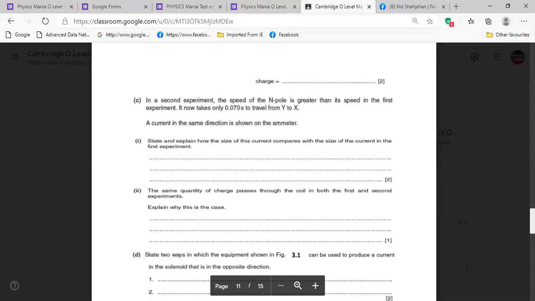Because the charge remains same, but the time is half, isn't it? That's why current will be double. So you write it. The current is double as the charge remains same, but the time is half.